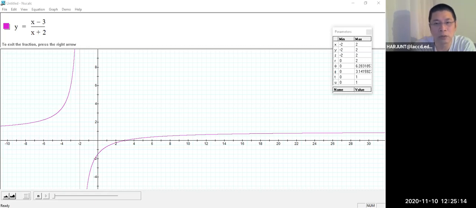Okay, let's compare these two graphs here. They actually look very, very similar. Let me put them back in my notes.